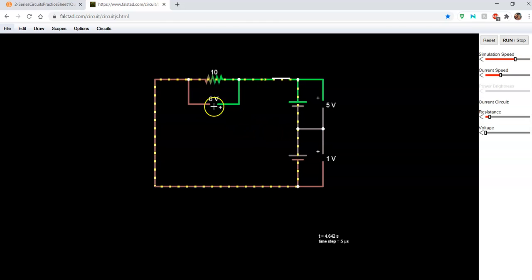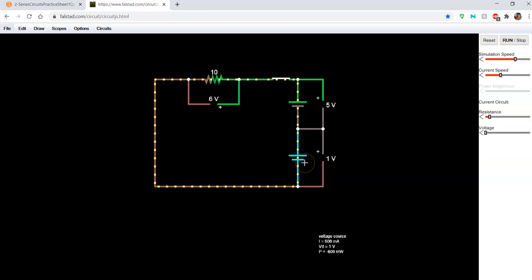In this instance also, we have another voltmeter connected to this 10 ohm resistor for us to be able to see how much voltage we are going to have across this resistor when we have this additive polarity and when we change the input voltage. As I said before, we have 5 volts on the first battery and 1 volt on the second battery. So in total, we have 6 volts.